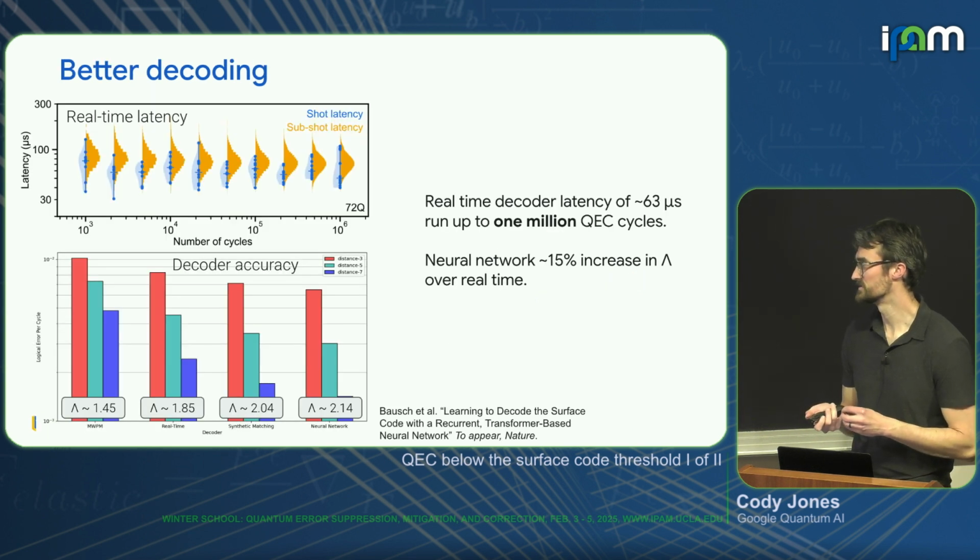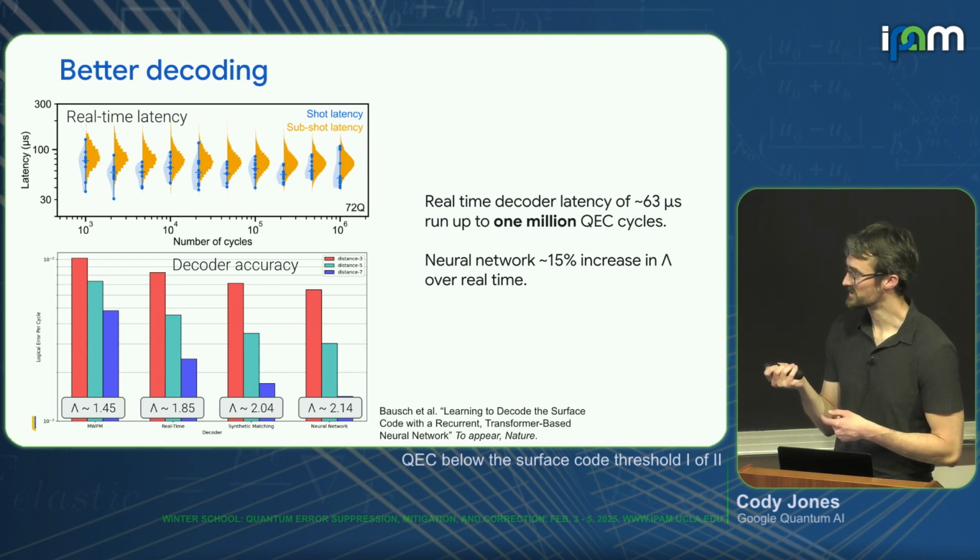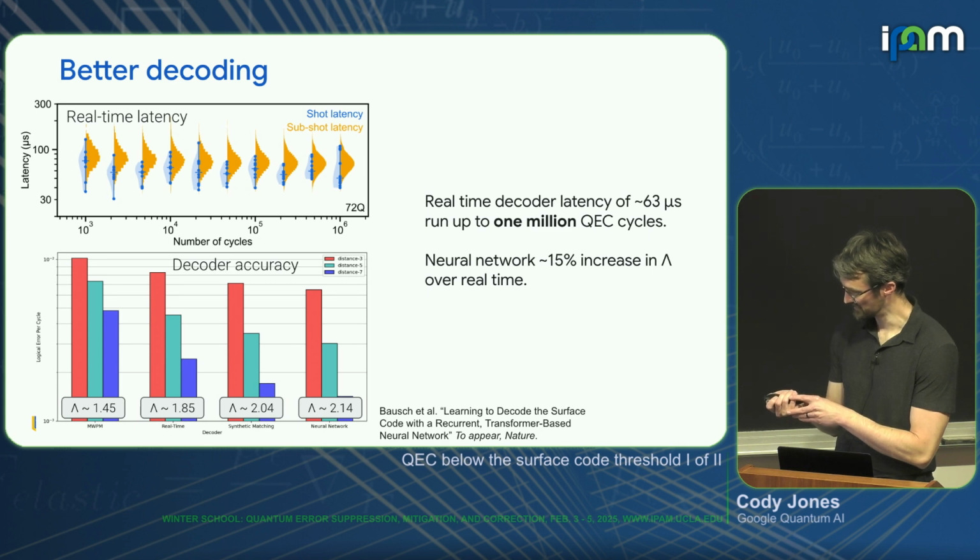Another thing we did to make this experiment better than the past is we had better decoding algorithms, and we also had real-time decoding. Kind of set it in the reverse order. I'll talk about real-time decoding more in the second session, and then here is a suite of different decoders. I'll explain them briefly. The first three are actually very closely related to each other. They're all variations of an algorithm known as minimum weight matching.